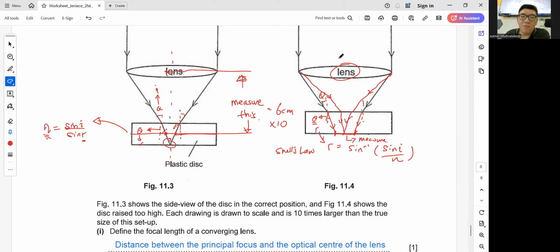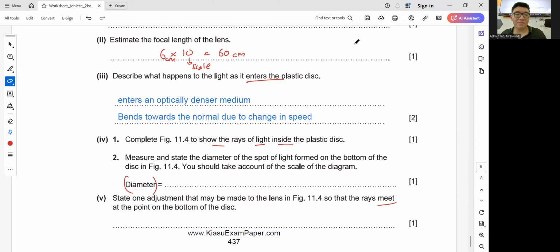So in order for this to happen, the lens would need to have a higher refractive index, because refractive index is basically how well you can bend light. The higher your refractive index, the more you can bend the light. So the answer will be: replace the lens with one that has a higher refractive index. And that's it. We're done.